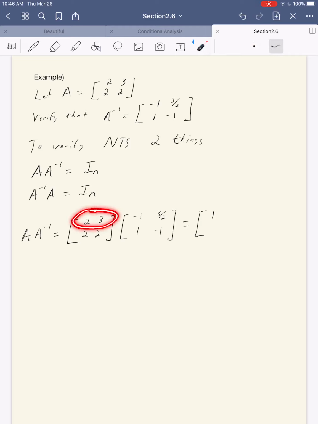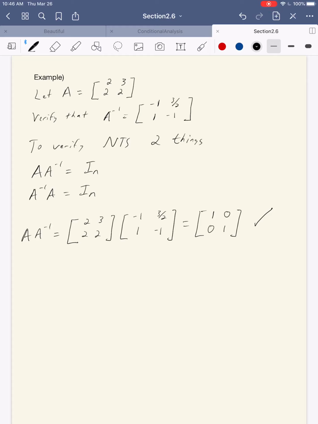Then we're going to take this row times this column, and that looks like we're going to get 3 and -3, so that's going to be 0. Then we take this row and this column, so that's going to be -2 and 2, which is going to be 0. And then finally this row and this column, which is going to give us 3 and -2, which is 1. And we're good there. So that shows us that if we do A times A^-1, we do get the identity matrix.